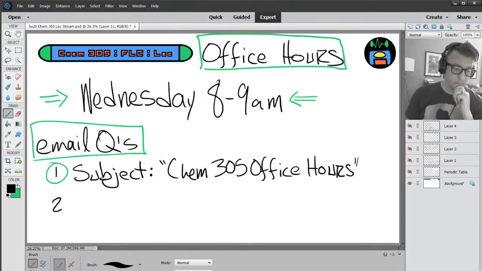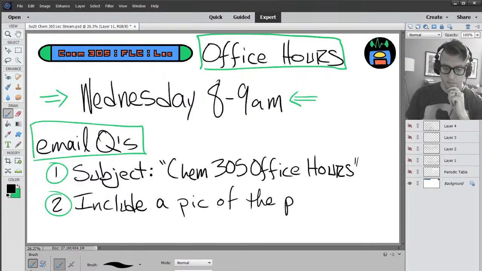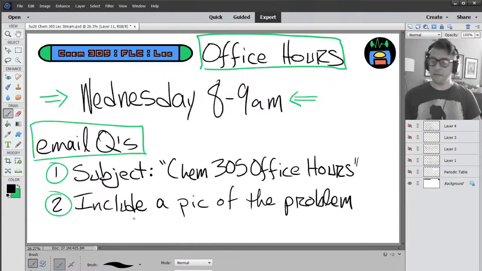Second thing you should do is include a picture of the problem. In your email, attach a picture of the problem that you're asking about, whether it's from the book or take a screenshot if it's from Canvas.